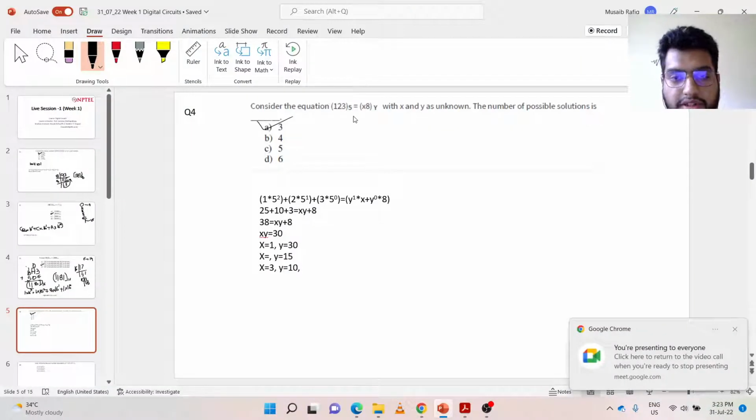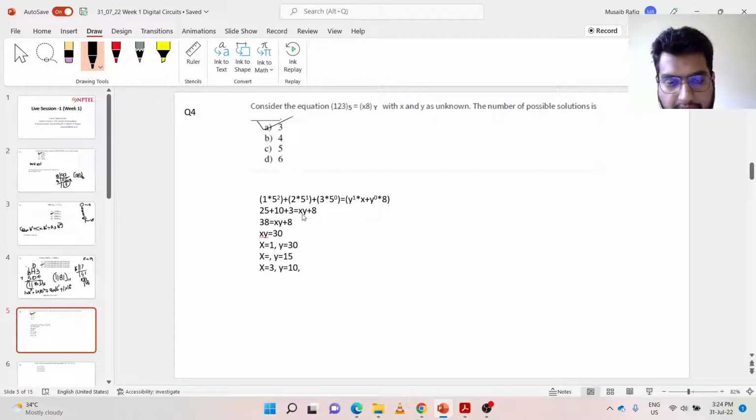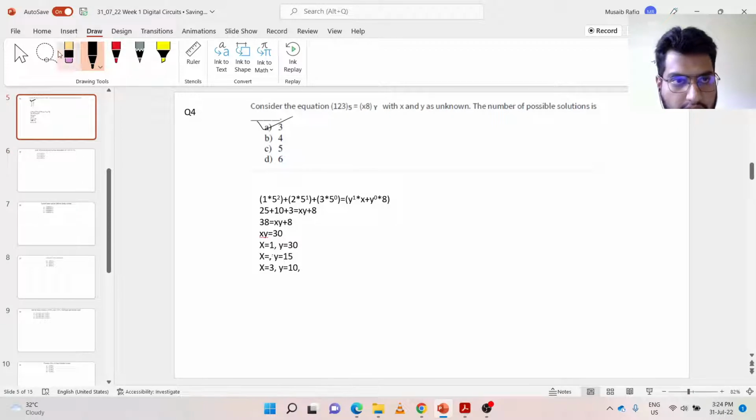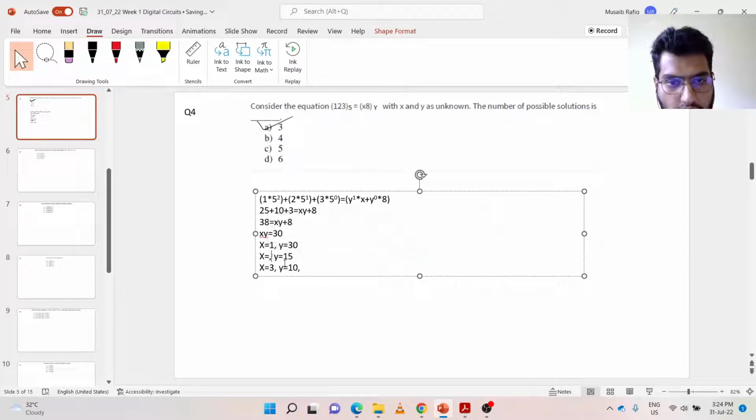So we are given this equation, 123 to the base 5 is equal to x8 to the base y. So what I did, I converted both numbers into the decimal number system. So the left hand side came out to be 38 and the right hand side came out to be xy plus 8. Then when I solved this equation, it came out to be xy equal to 30. So the product of these two, x and y, should be 30. So I took up three possible solutions in terms of integer values: x equal to 1, y equal to 30, x equal to 2, y equal to 15, and x equal to 3, y equal to 10.